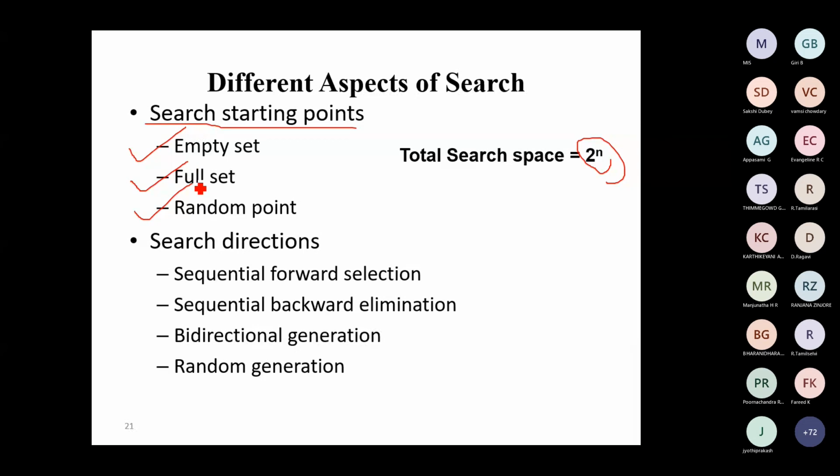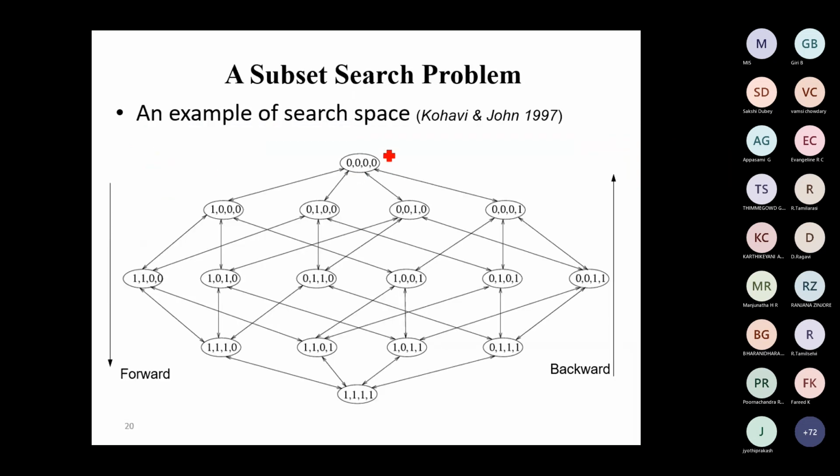If we start with the empty set, we add features one by one, and if we take the full set, we remove features one by one and go to the top.